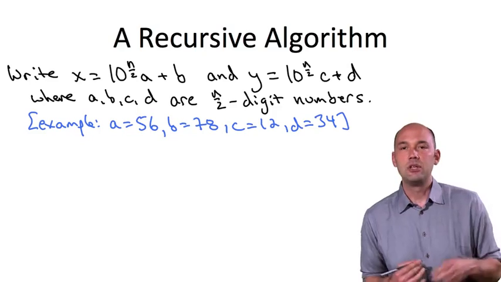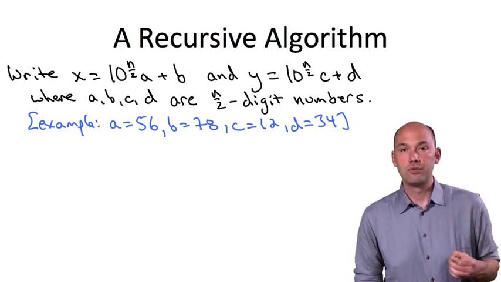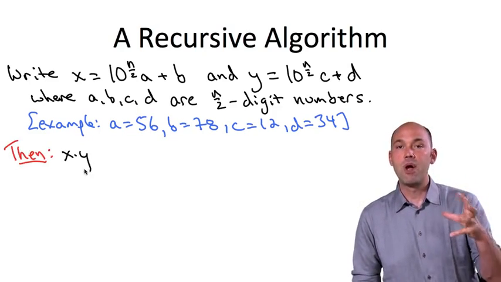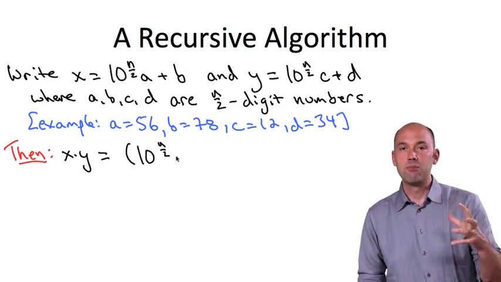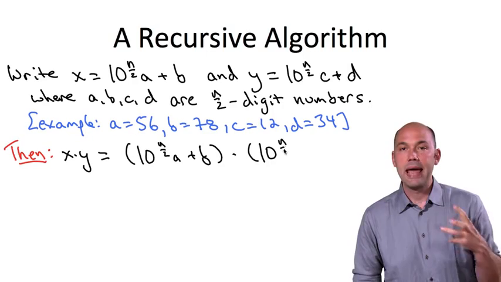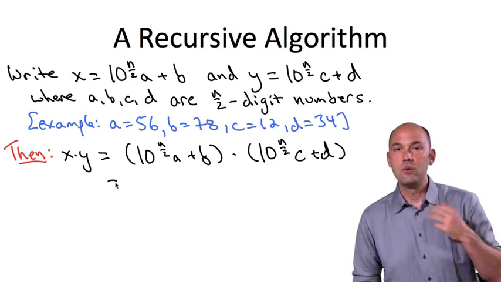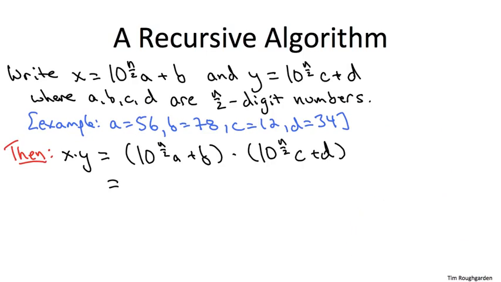What I want to do next is illuminate the relevant recursive calls. To do that, let's look at the product x times y, express it in terms of these smaller numbers a, b, c, and d, and do an elementary computation. Multiplying the expanded versions of x and y, we get an expression with three terms. One shifted by 10 raised to the power n, and the coefficient there is a times c.